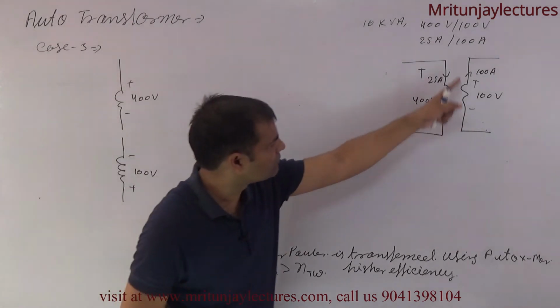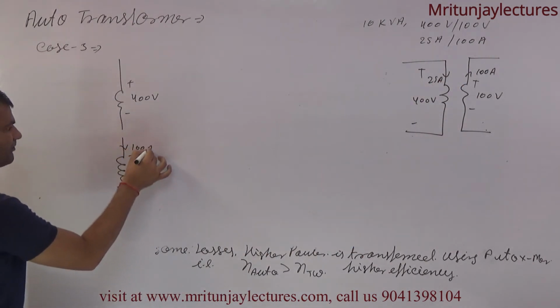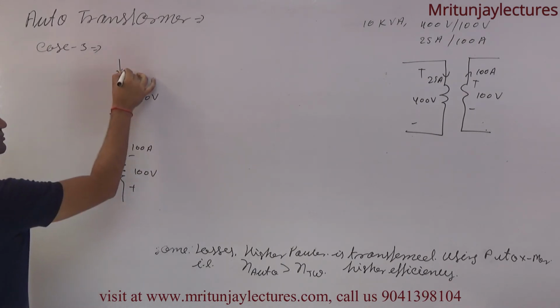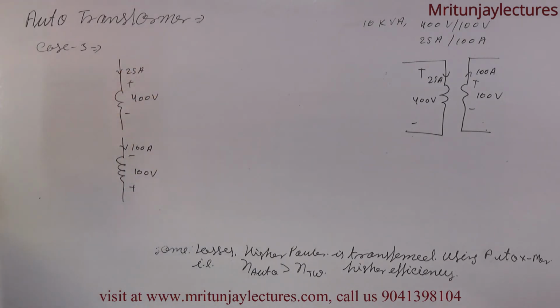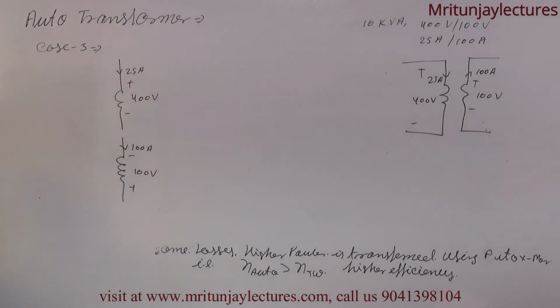Direction of current minus to plus, that is 100 ampere, and plus to minus, 25 ampere. Clear? Polarities are changed like this one.